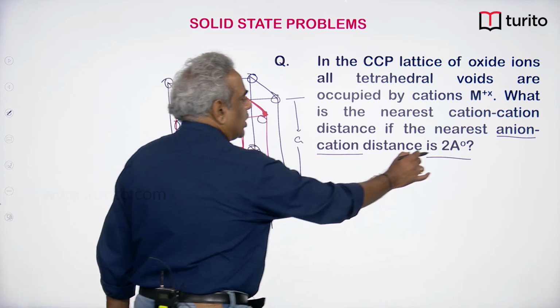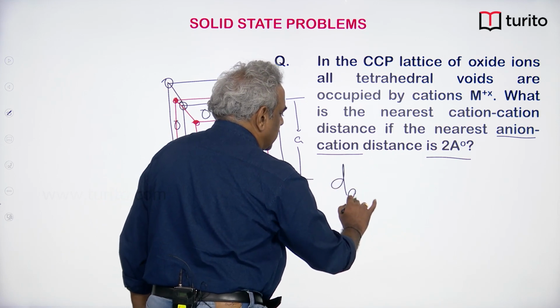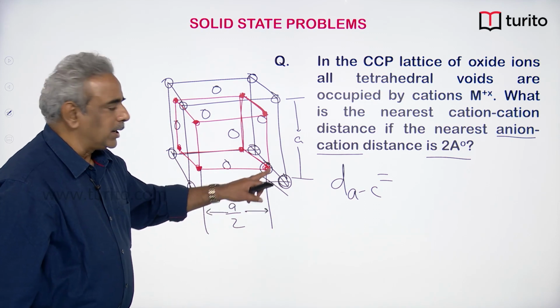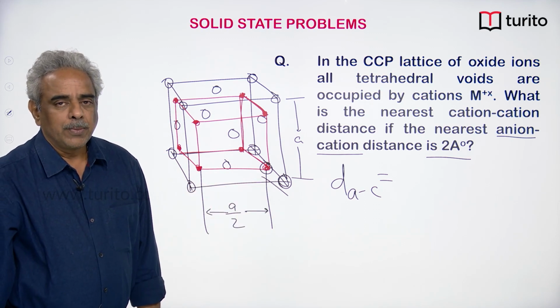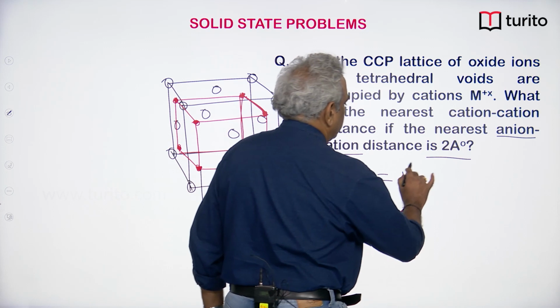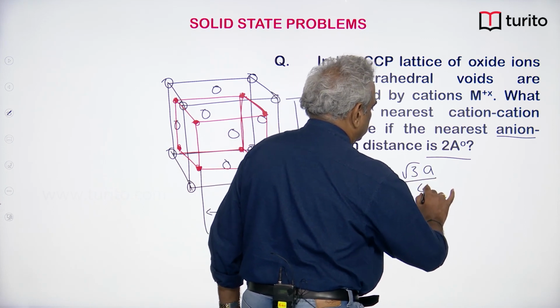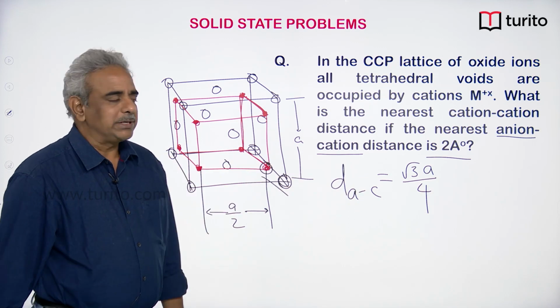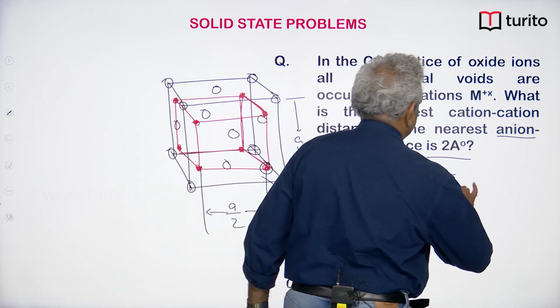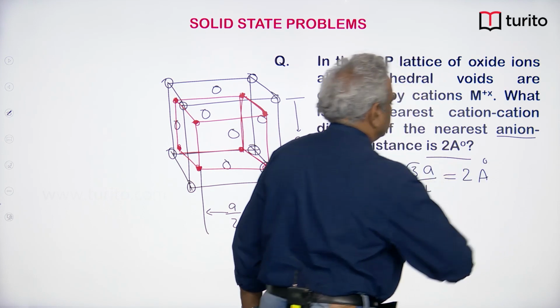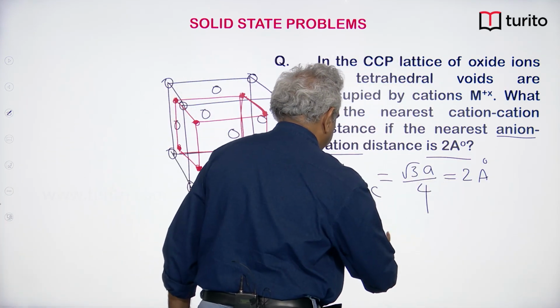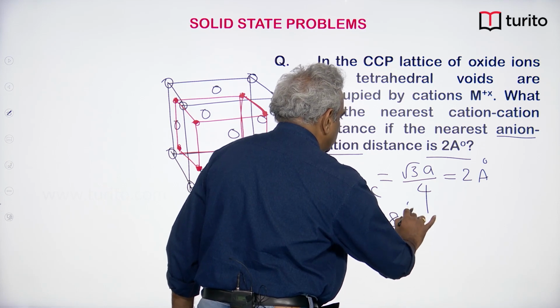So, this 2 angstroms is the anion cation distance, which is root 3 A by 4. How much is this? 2 angstroms. So, what is A? 8 angstroms by root 3.